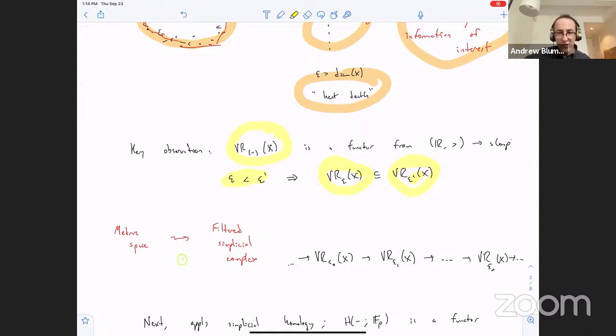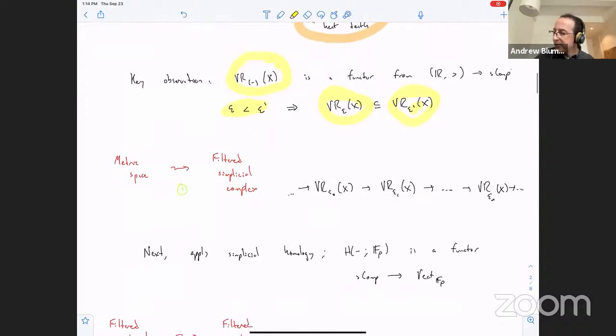So now, if I have a metric space, rather than choosing an epsilon, I can think about a filtered simplicial complex, which is this diagram of complexes. In principle, we're talking about a diagram indexed on R, and that maybe is frightening. But really, in any actual scenario, you had finitely many points. And so there are only finitely many real values for which the topology can change, and they're isolated.